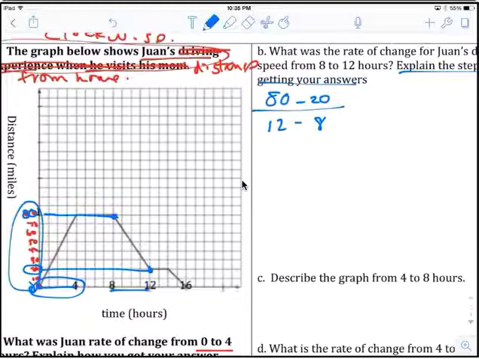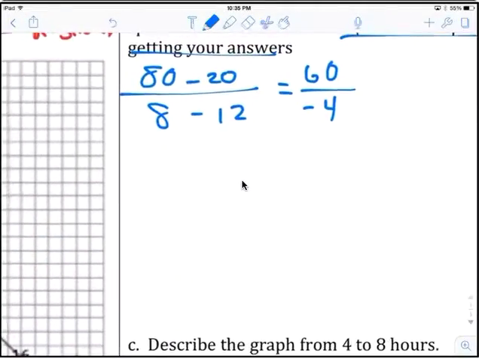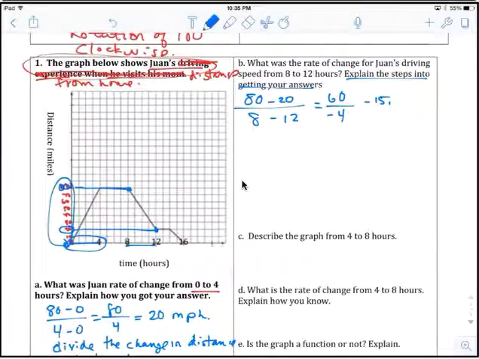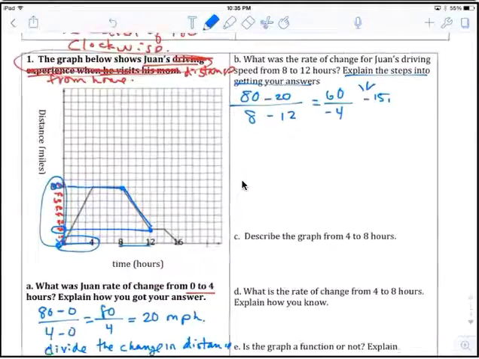You get negative 60 over 4. Get 15, right? Negative 15 miles per hour. That means he's driving back. This negative means he's driving back. When he drives back, see how the line is going down? That means he's driving back home at a rate of 15 miles per hour.